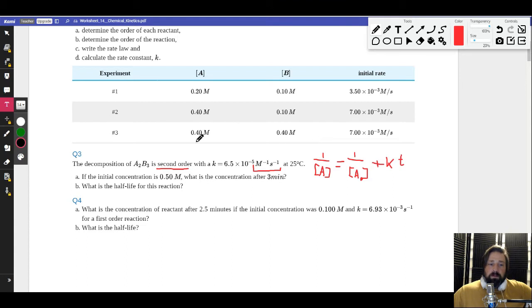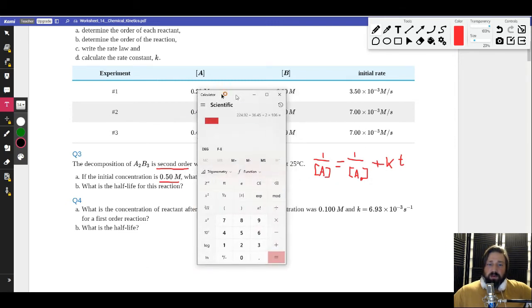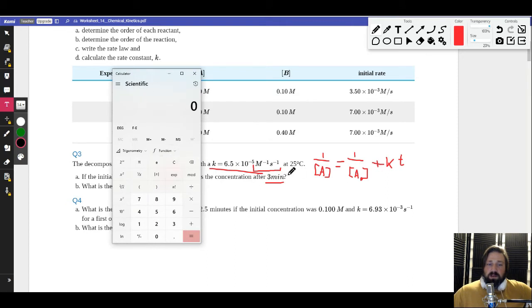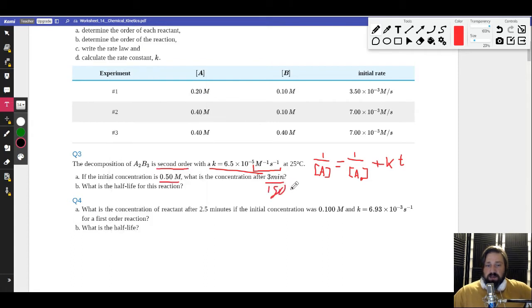Here's the formula, and I have the initial concentration, I have K, I have a time, and all that's left over is A. So I'm going to run through this. K times T is going to be this K times this T. The thing we have to remember is that this is in minutes, and this is in seconds. So let's multiply this by 60 to get 180 seconds.